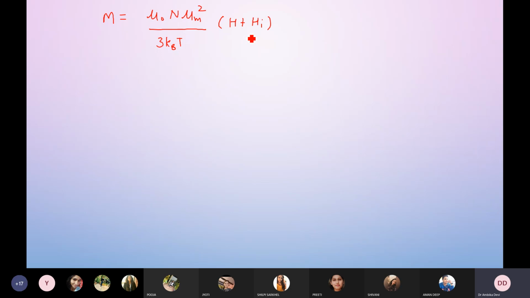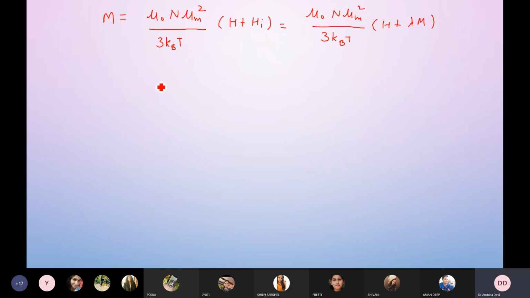H effective is being replaced by H plus Hi, which is further equal to mu naught N mu M square divided by 3 kB T into H plus, what is Hi? Hi is equal to lambda M, so we can replace Hi by lambda M.